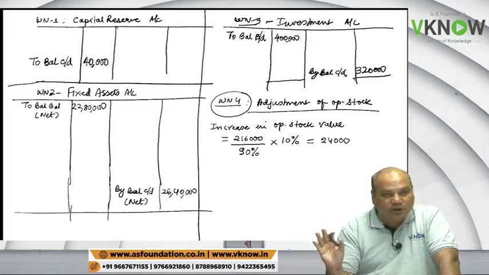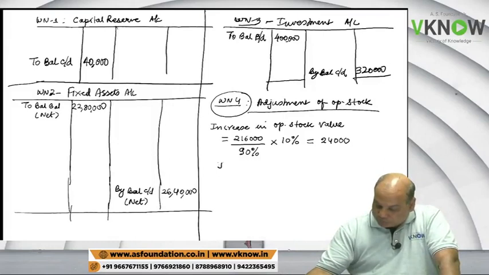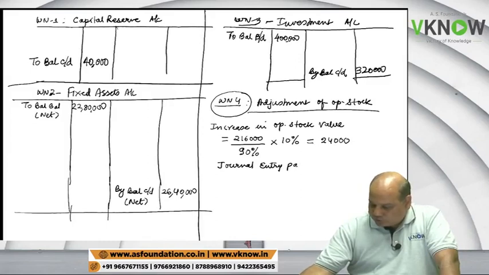This company has done the rectification. What is the journal entry passed?